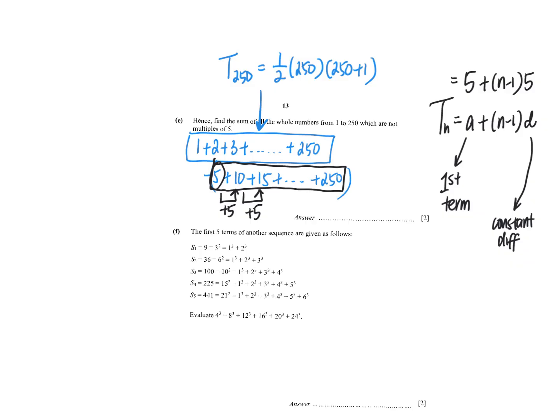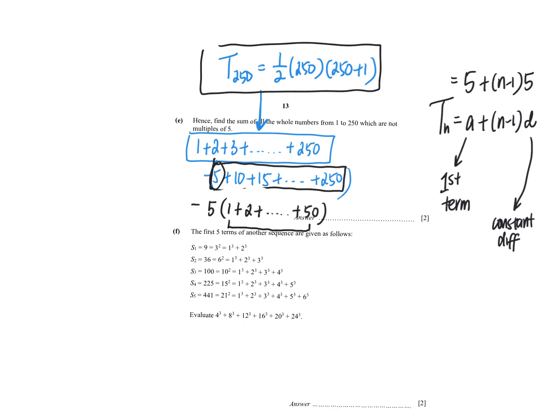Okay, so after what Soumya told me, if you take out 5 as a common factor, can you see this is 1 plus 2 plus up to 50? So what is this according to this formula? Just now we had Tn is half n times n plus 1.